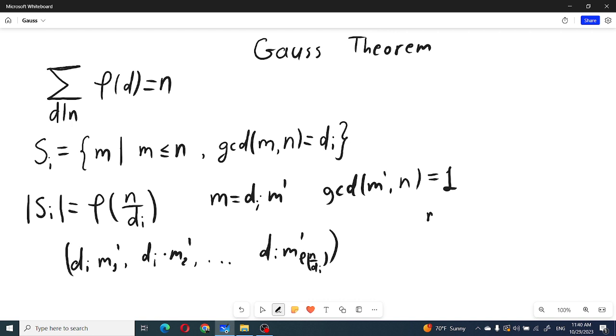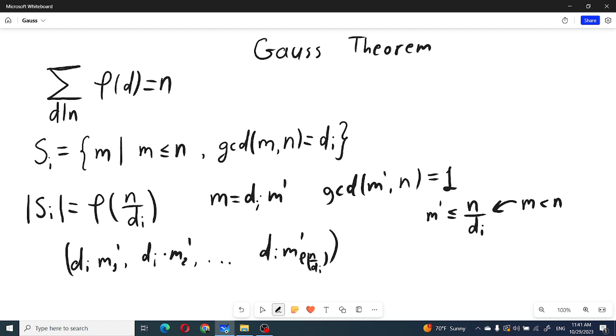We can see that m prime must be less than or equal to n over d_i, because we know that m was less than or equal to n, and if we divide both sides by d_i, we get this inequality. We can also see that m prime is coprime to n over d_i, and we can take every positive integer which is coprime to n over d_i.